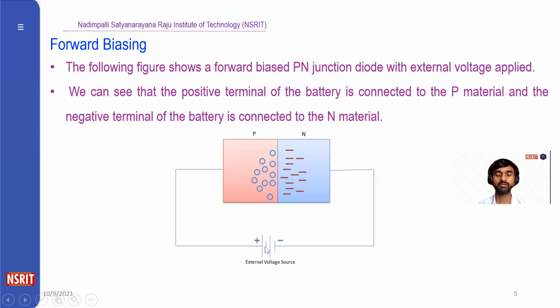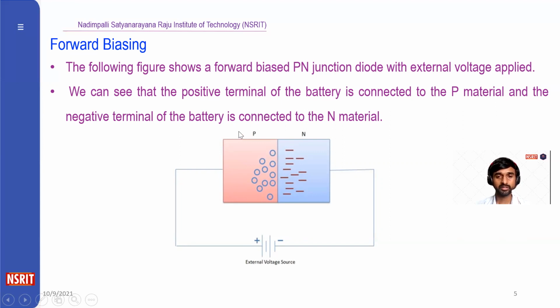So what happens when you connect the positive terminal of the battery to the P region is, since we all know the P region has holes as majority charge carriers, and holes are positively charged, what does this positive terminal of the battery do to these positively charged holes? It will repel them.